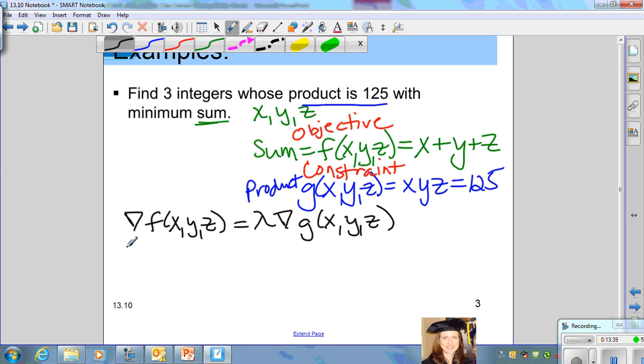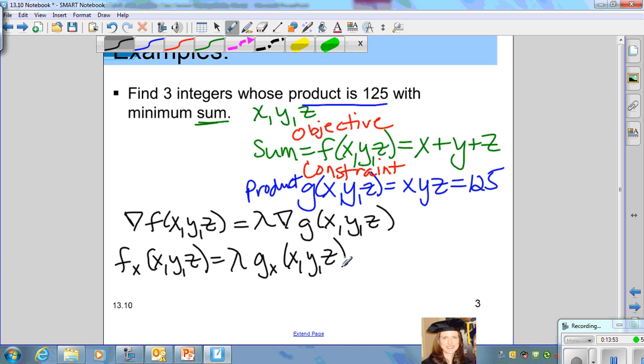So that means the partial derivative with respect to x of the f function has to equal that scalar multiple of the partial derivative of g with respect to x. The partial derivative with respect to y of that function has to equal a multiple of the partial derivative with respect to y of the constraint function.